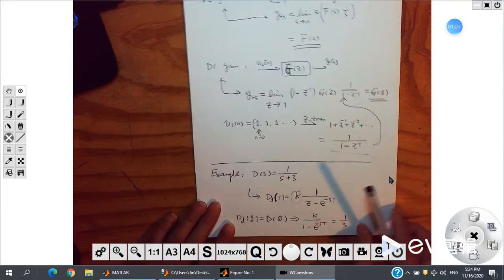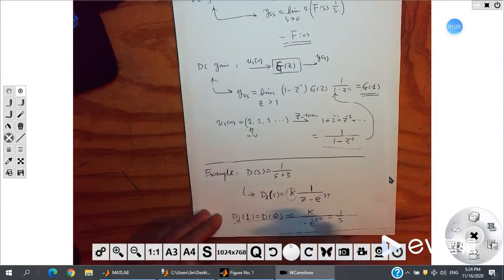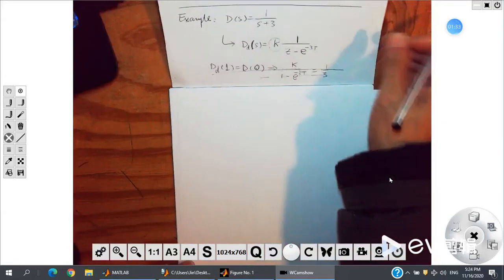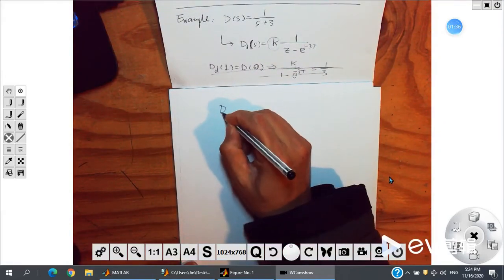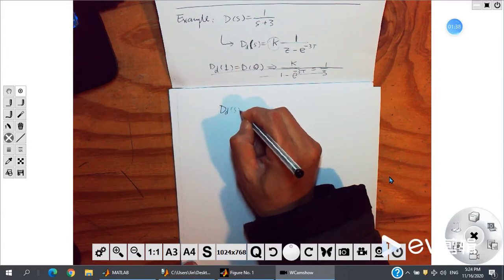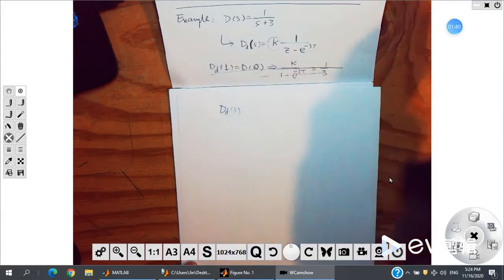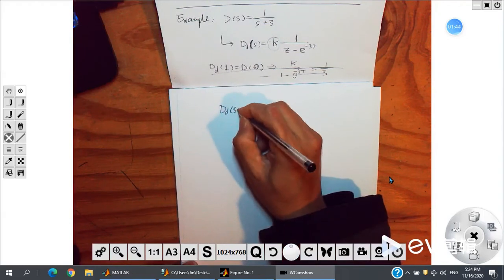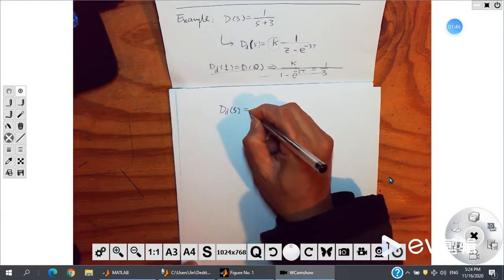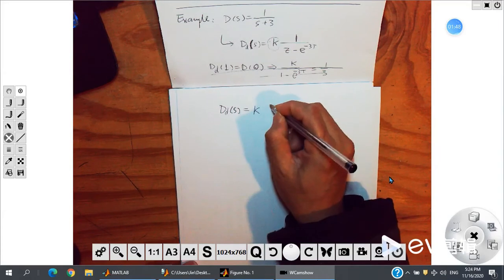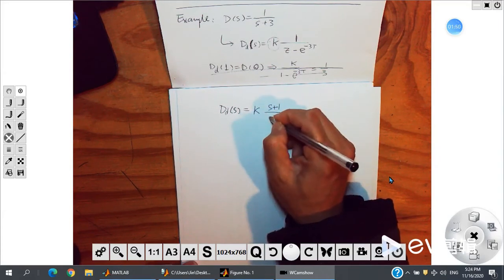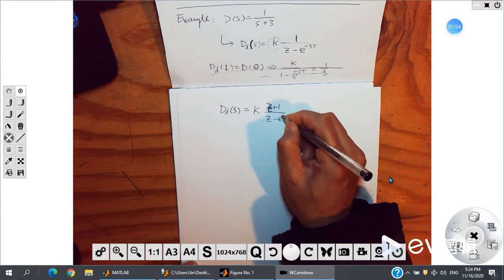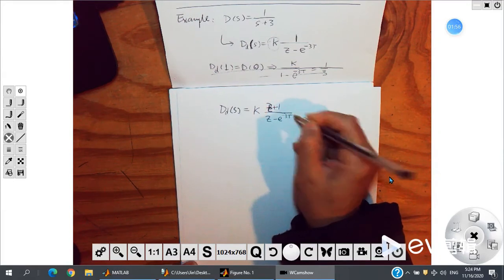Then yeah, we cannot work like here. We need this. So d of s, it will be some k times z plus 1 over z minus e to the negative 3t. It should be this one.